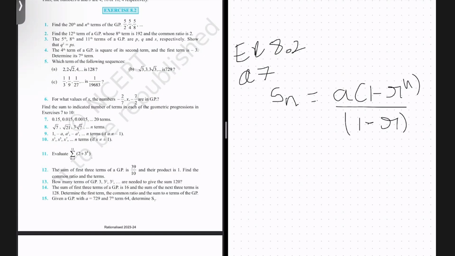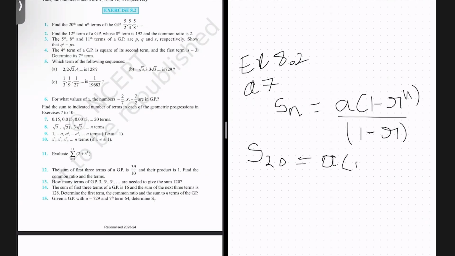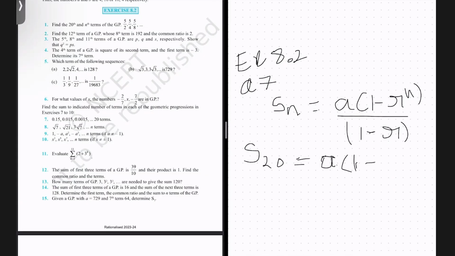To calculate the sum up till the 20th term, I would want n to be 20. So the sum up until the 20th term would equal a times 1 minus r raised to the power 20 upon 1 minus r.